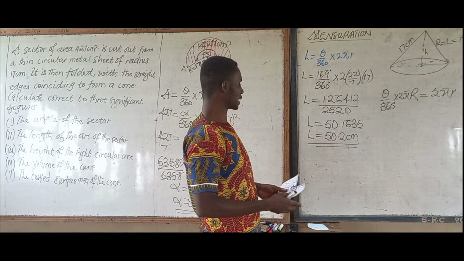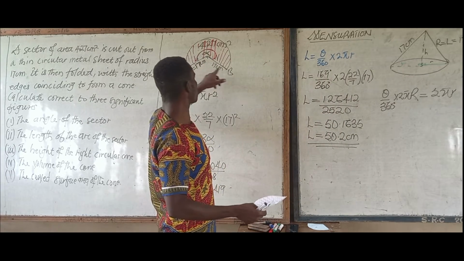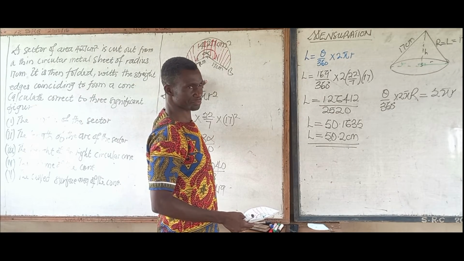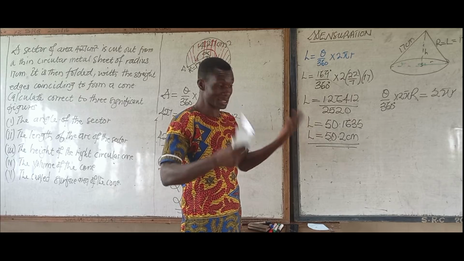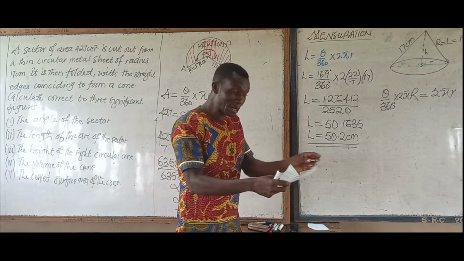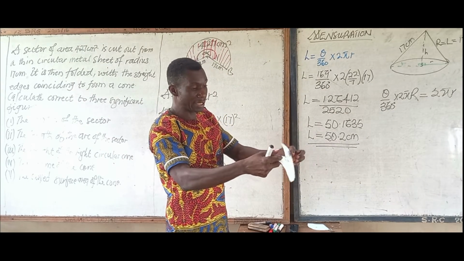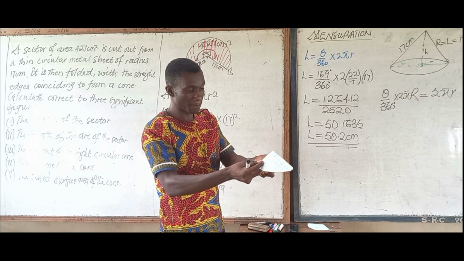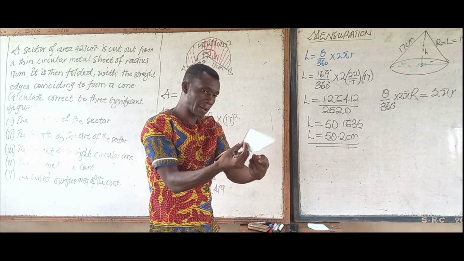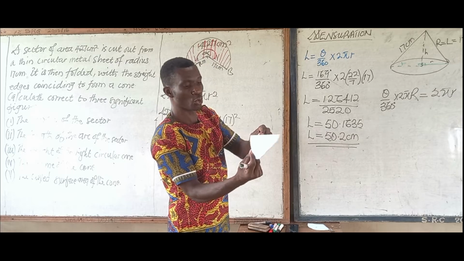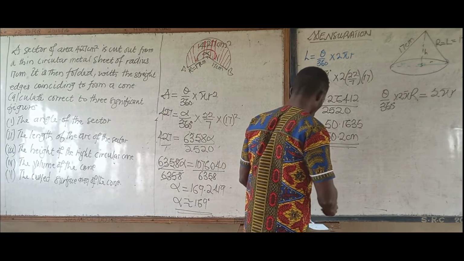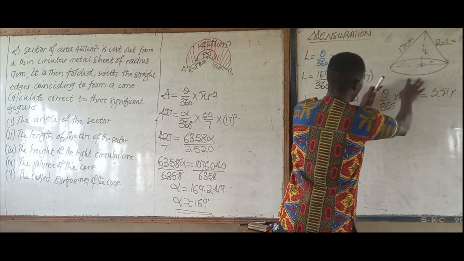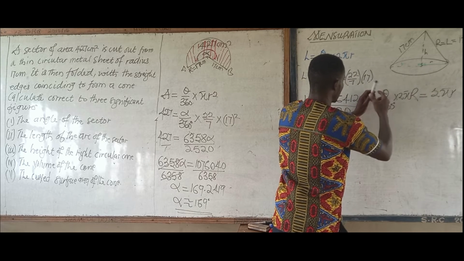Nobody should tell you that this radius will not be smaller than the other radius. It is obvious, by common knowledge and simple logical reasoning, because it is just part of the circle forming it. That radius will be different from this radius. This radius is now forming this side. So now the whole of this has been calculated.